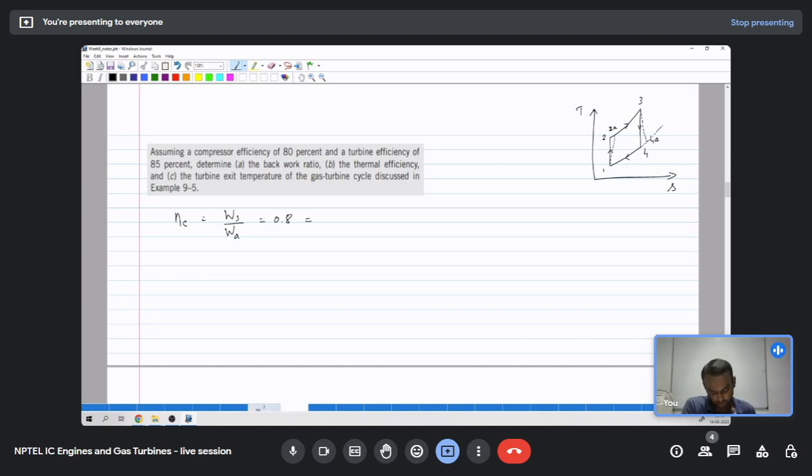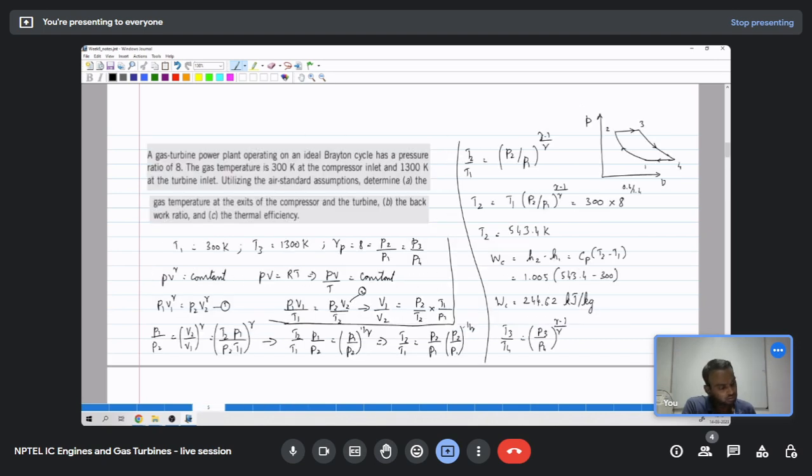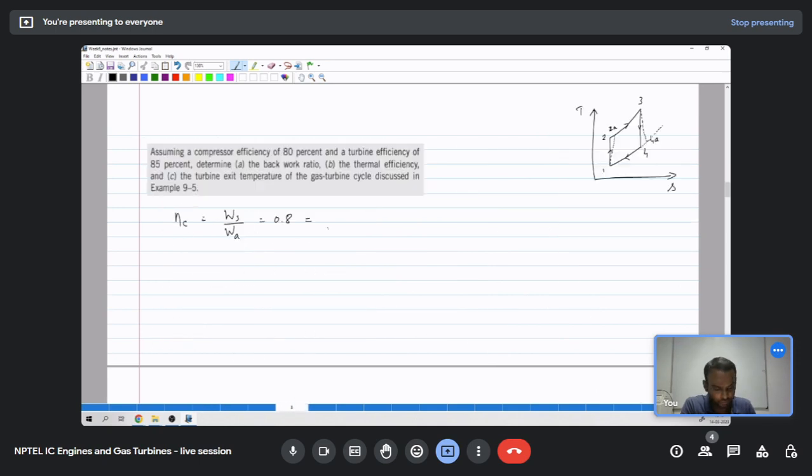Isentropic work we have already calculated, that is 244.62, divided by actual work.